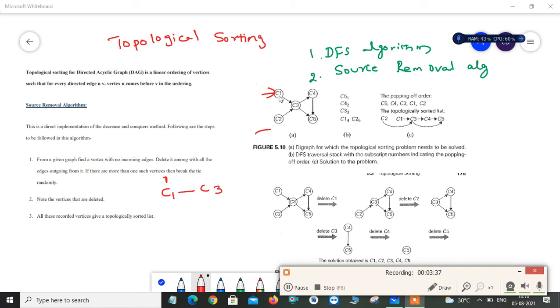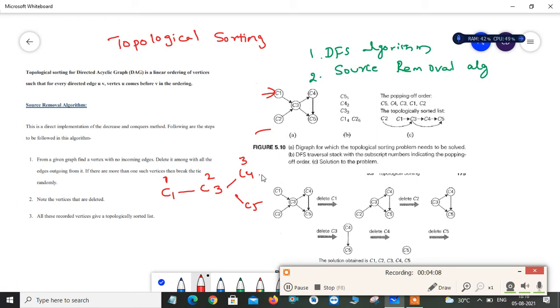So from C1 you can see the unvisited vertex C3, which is adjacent to C1. For C3 you can give the count as 2. From C3 you have adjacent vertices C4 and C5. You can visit C4 first, so I'll give the count value as 3 for this.